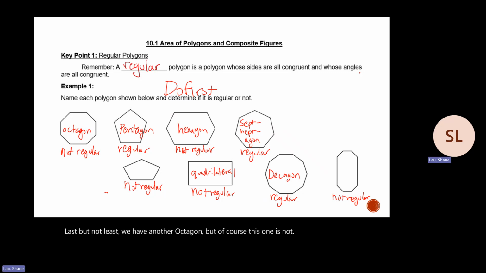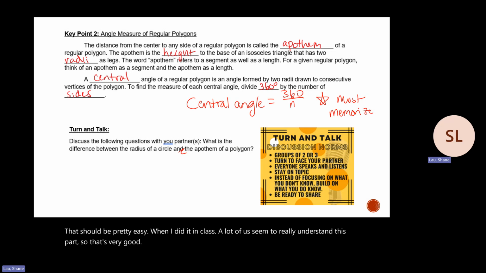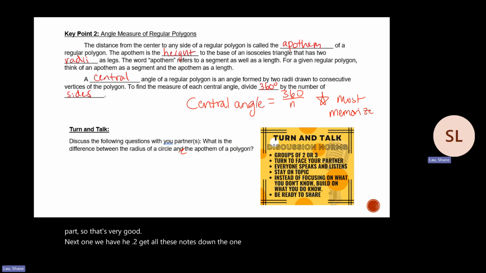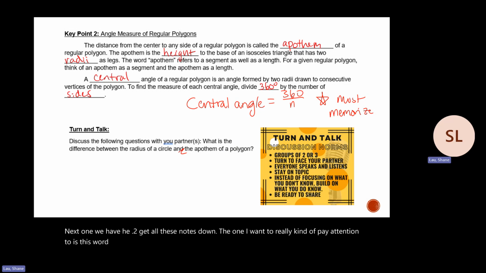When I did it in class, a lot of us seem to really understand this part, so that's very good. Next one, we have key point 2. Get all these notes down. The one I want to really pay attention to is this word apothem, which is at the top right.